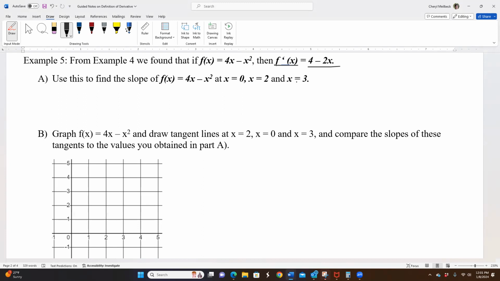And our summary of interpretations of the derivative above told us that the derivative was the slope. So this function will give us the slope at these points. So if we want to find the slope, we're going to say f prime of 0 would be 4 minus 2 times 0. So the slope is 4.